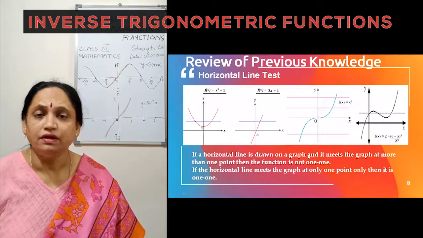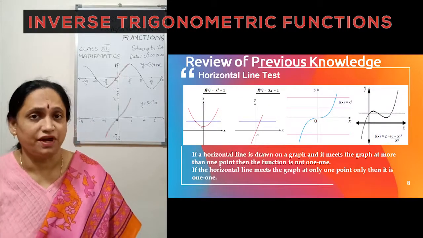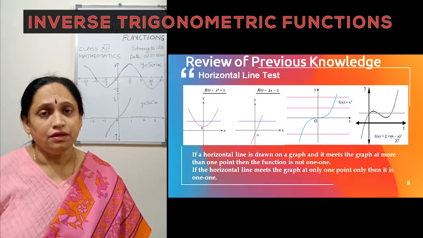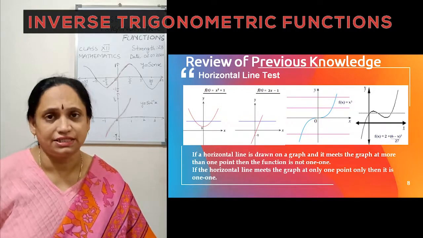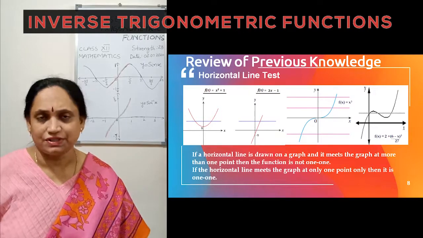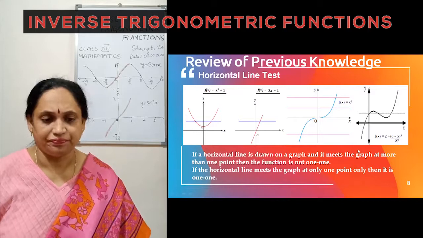We move ahead. Now, there is one simple test which helps us to find whether the given function is 1-1 or not, by drawing the graph and using the horizontal line test on the graph. So we take 4 graphs here and draw a horizontal line.